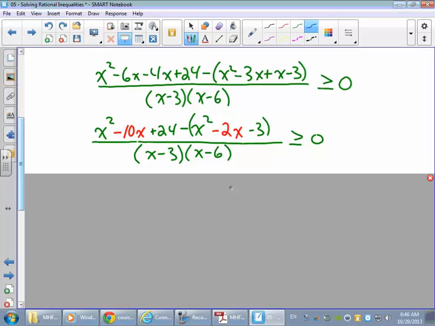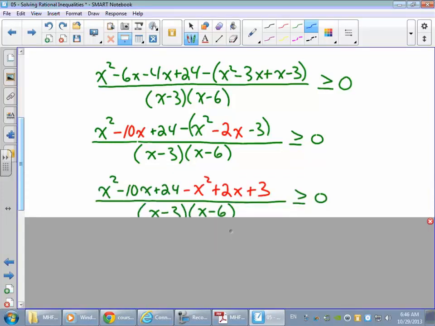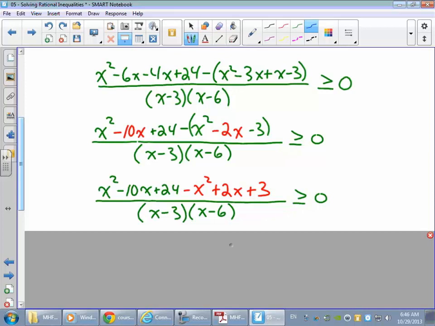Going forward now, obviously the reds are the two things. I just simplified each of the middle terms, and now deal with the negative sign. This is saying I want to subtract each of these. Subtract x squared, I get negative x squared. Subtract negative 2x, I get positive 2x. Subtract negative 3, I get positive 3.